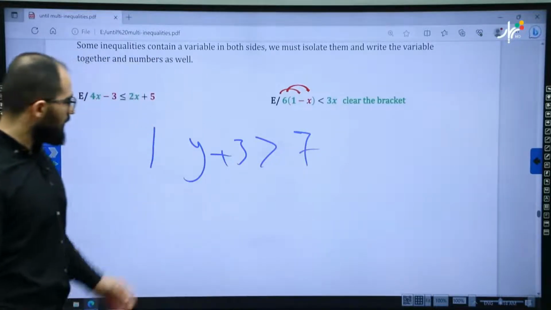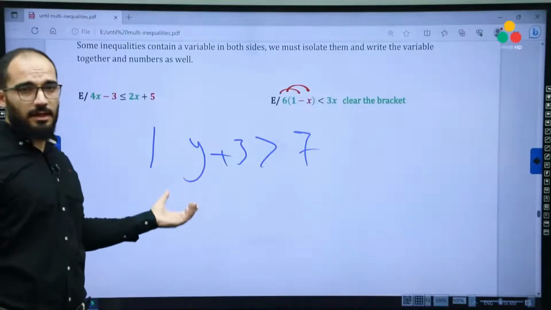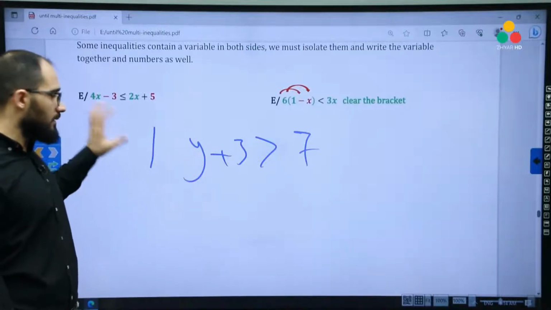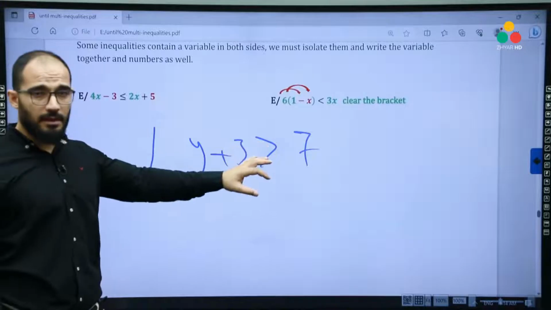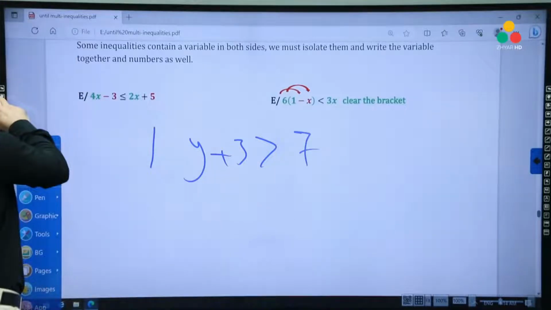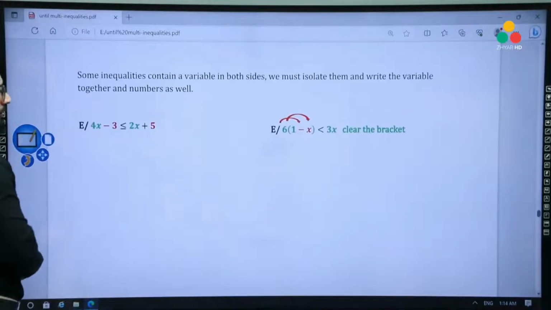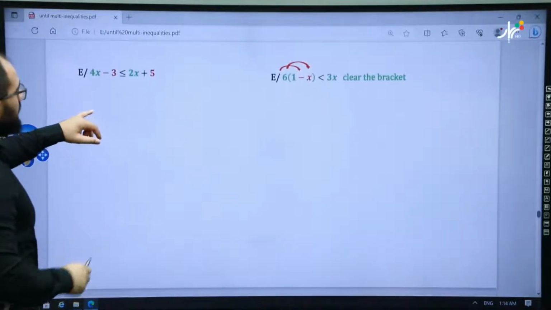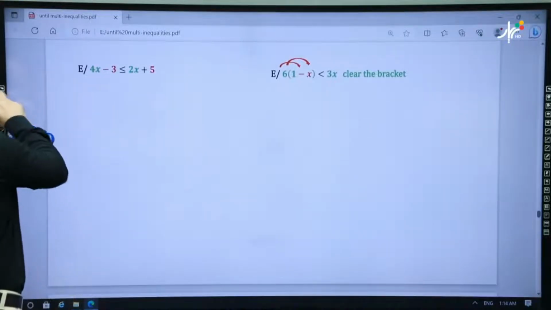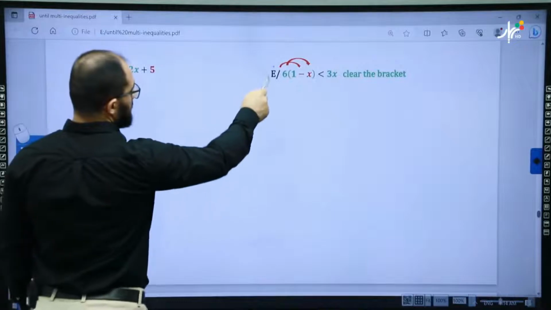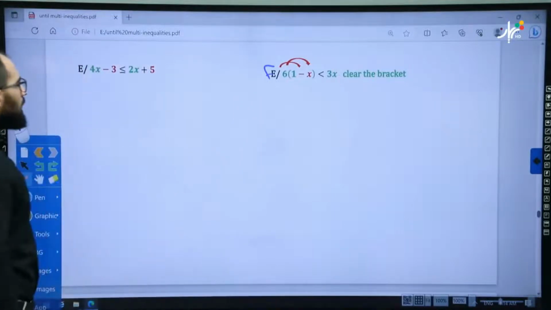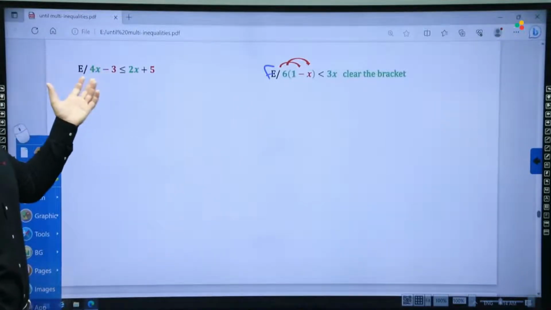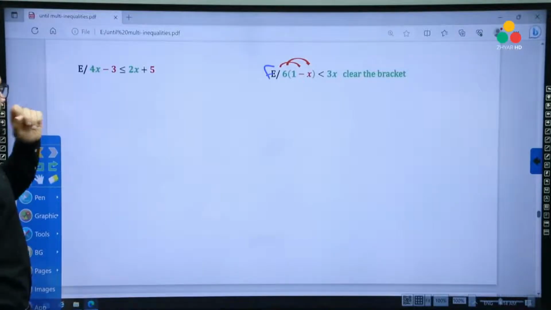If you look at that example, the variable is on one side, the left side or the right side. But we have some types of inequalities, like example E and this one, F. Okay, we have variables on both sides. How can we solve it?